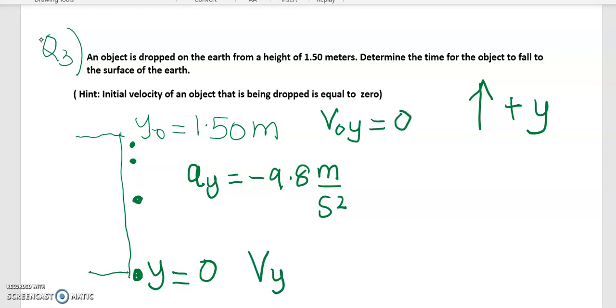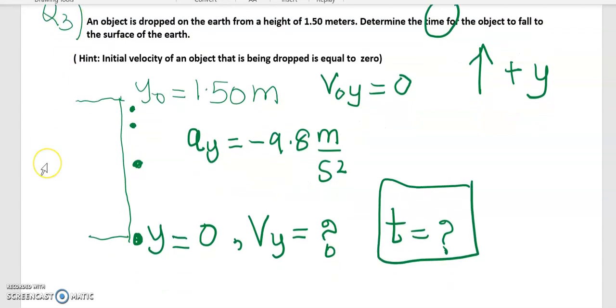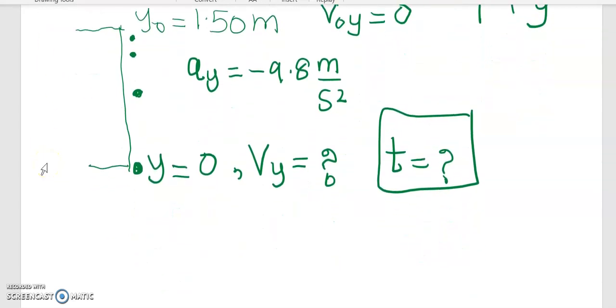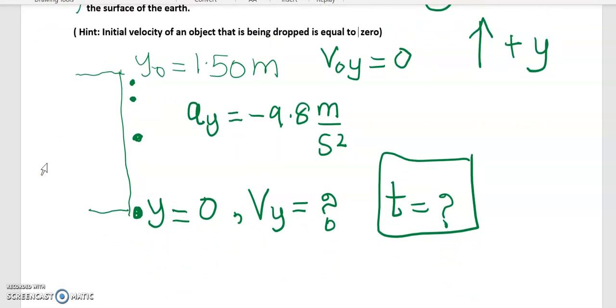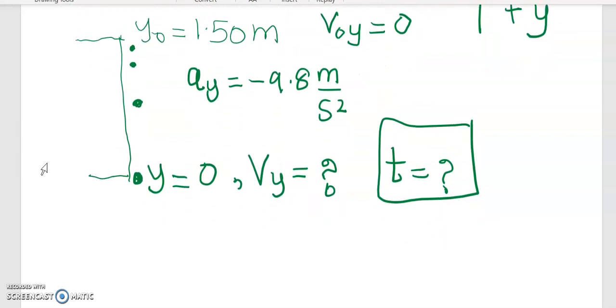Final y velocity we don't know yet, and we also don't know the time t, and we are asked to solve for the time. Okay, so that's what we are trying to solve for. Now let's assume I have no idea what equation I should use, because this is the information. This is how you would visualize the problem.